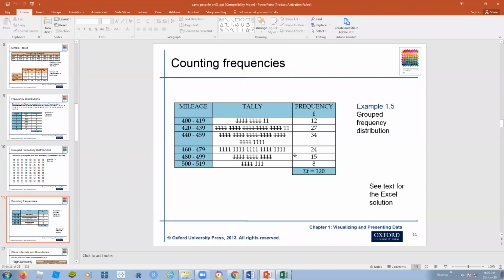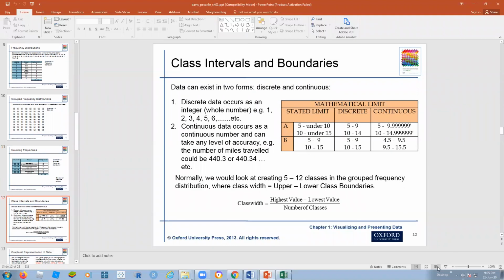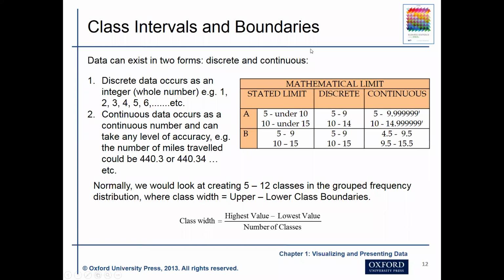Then this one we are talking about: class intervals and boundaries. This is also an important thing. In the mathematical limits, there are stated limits, for discrete and continuous data. For example, stated like this: 5 under 10.